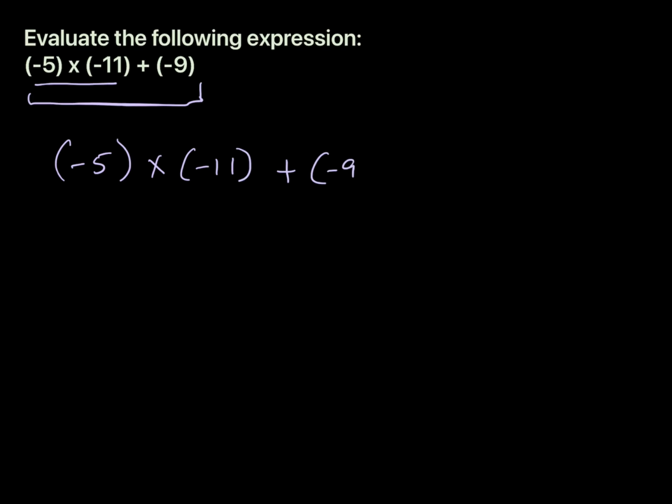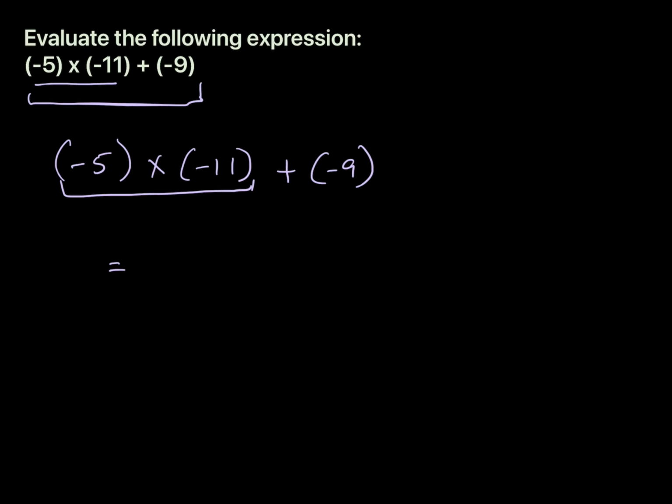Evaluate the following expression. So, first of all, we follow the BODMAS rule, where we first carry out multiplication and then addition. So, minus 5 into minus 11 plus minus 9 gives us first minus 5 into minus 11.